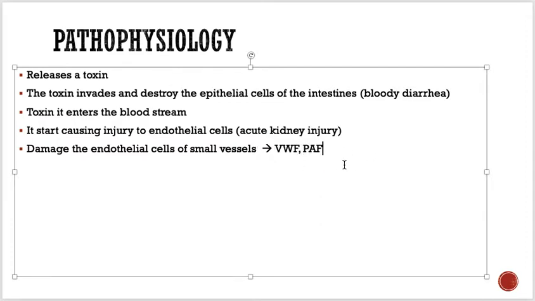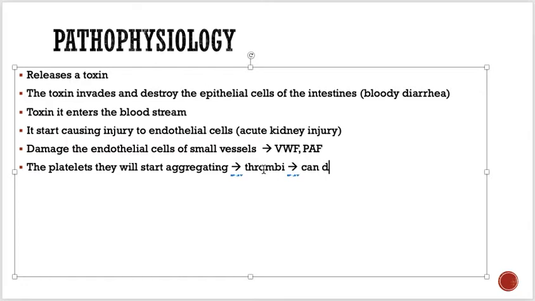So when these things are released, the platelets which are circulating in the blood will start aggregating. When they start aggregating, they are going to form small thrombi, and these thrombi can damage multiple organs.